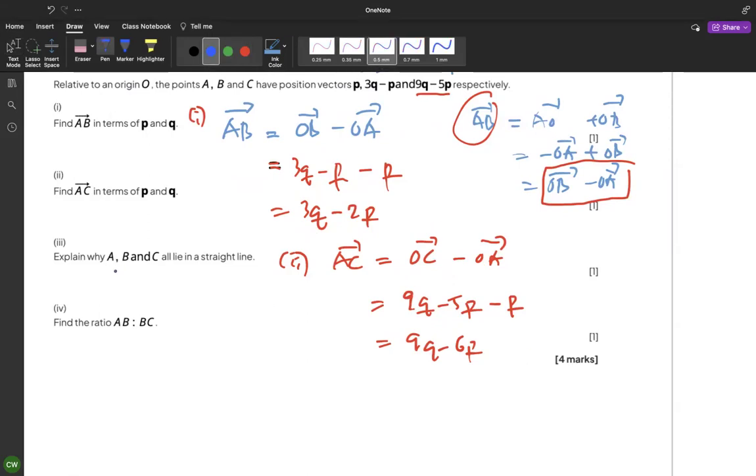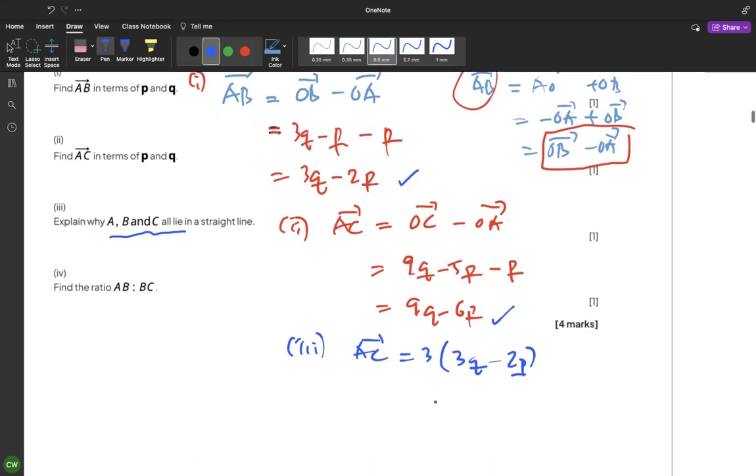How do you prove that A, B, and C are on the same straight line? So you have to see what is the relationship between AB and AC. You see now AB number 3. AC is, you can factorize the 3, right? 3Q minus 2P. Is it correct? Take out this.